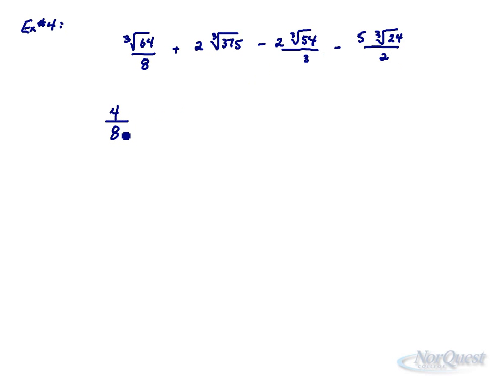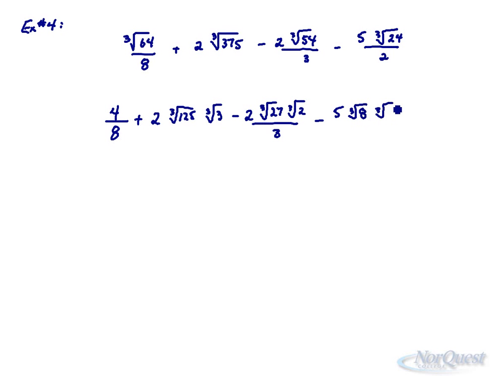Cube root of 375 can really be written as 2 times the cube root of 125, cube root 3. 54 is 27 times 2, so cube root 27, cube root 2, and don't forget to divide it by 3. 24 is 8 times 3, so we'll go cube root 8, cube root 3 over 2.